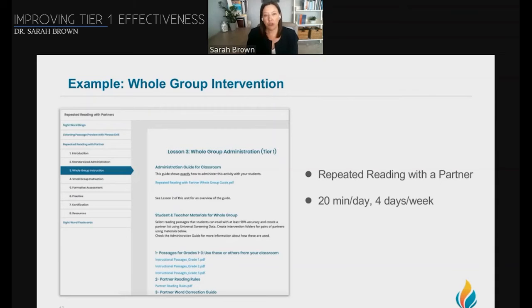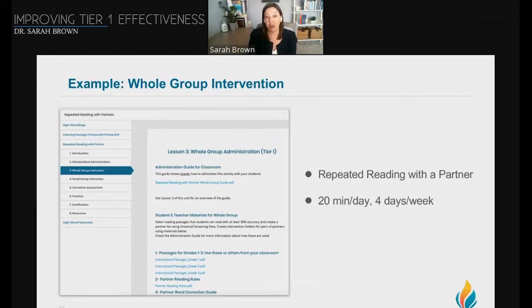As part of their core instruction, teachers could choose which routine to use, which day. They could choose the content. If they were in science class, it would be science text. But students would be using that at least 5 minutes a day across all content areas. So they get 30 extra minutes a day of practice.